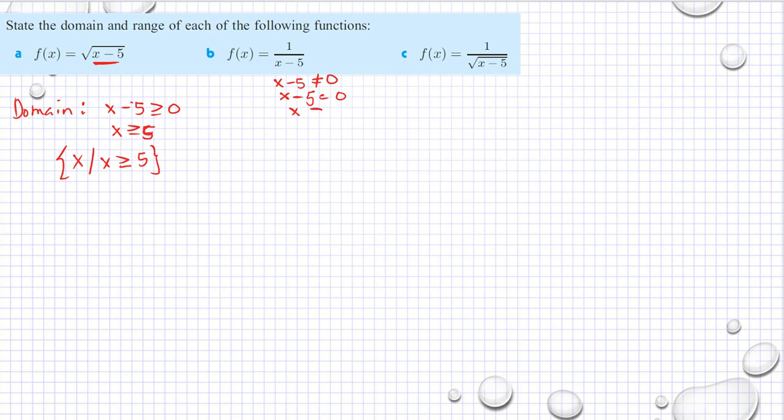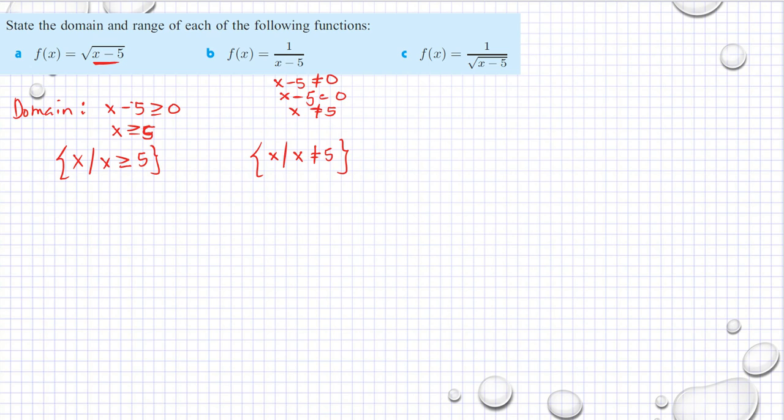So x should not be equal to 5. So my domain here is all the values of x such that x should not be equal to 5. Because when that happens, I have the denominator equal to 0, then it is not acceptable.